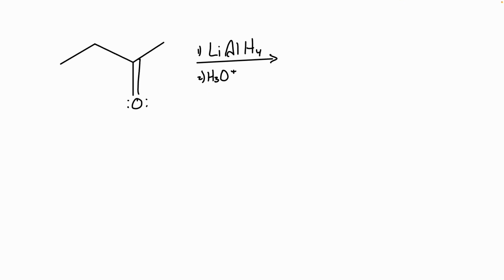What's our product that we get? An alcohol. So this would be the opposite of an oxidation reaction, what's called a reduction reaction. So if we started out with a ketone, we get an alcohol.